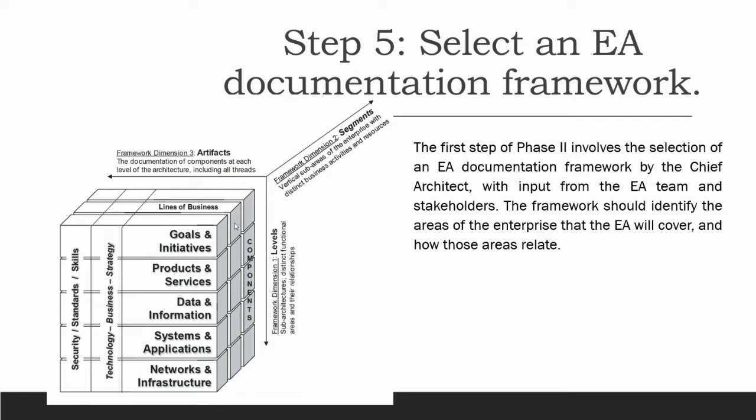This is accomplished by placing high-level strategic goals and initiatives at the top. As you can see here, business products and services, and data and information flows are in the center, and supporting systems, applications, and technology infrastructure are at the bottom.